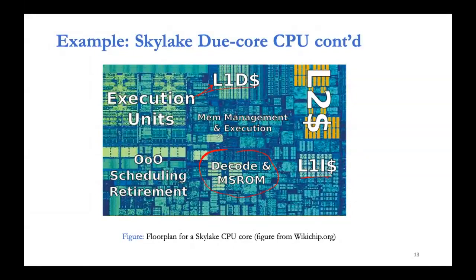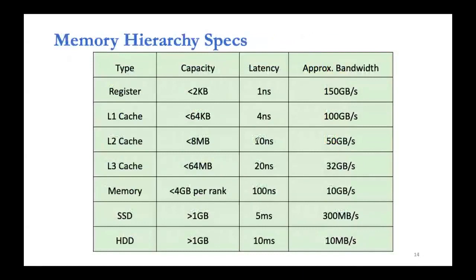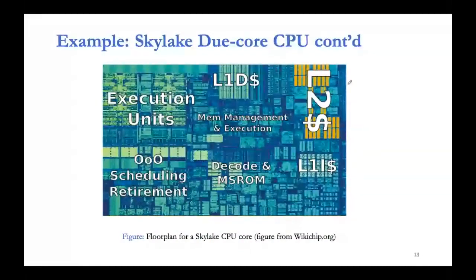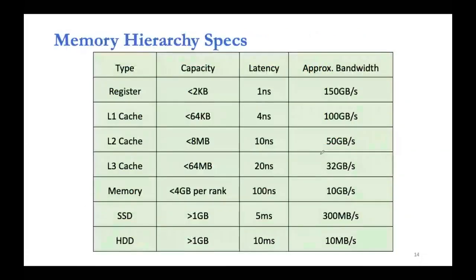For executing out of order instructions, there are special units called the out of order scheduling and retirement units. In this diagram, there is an L2 cache which is a little bit bigger than your L1 caches in size, and a bit away from the execution unit. The L3 caches are completely on the physically outer die of your core. There you can find the L3 caches.